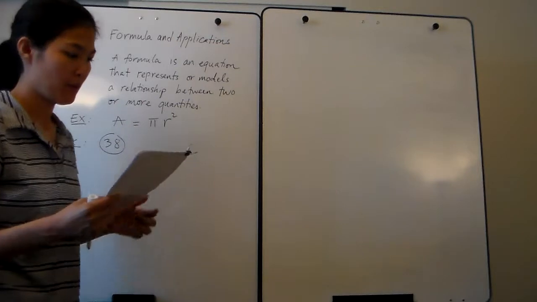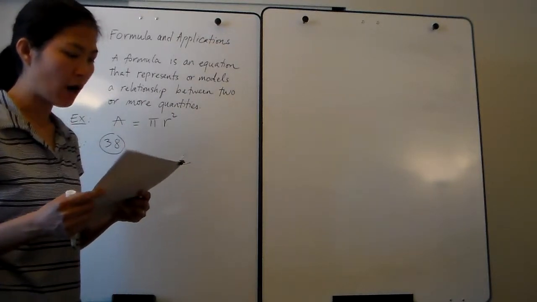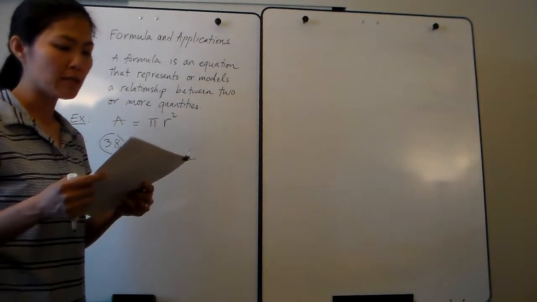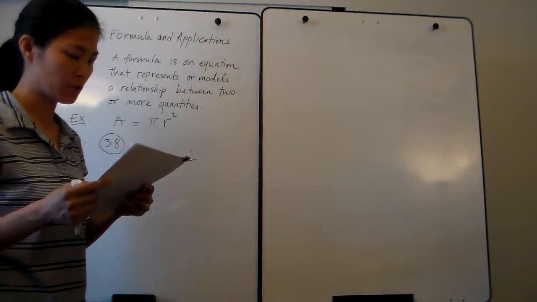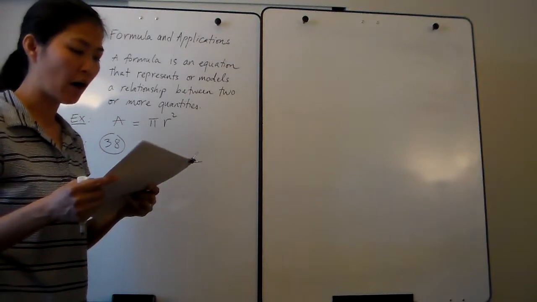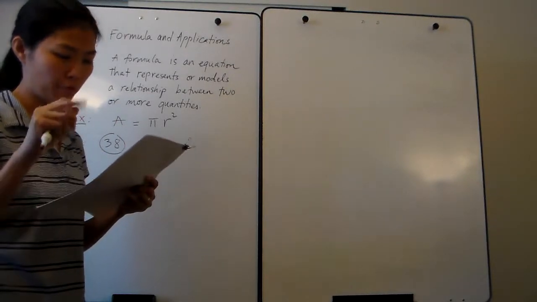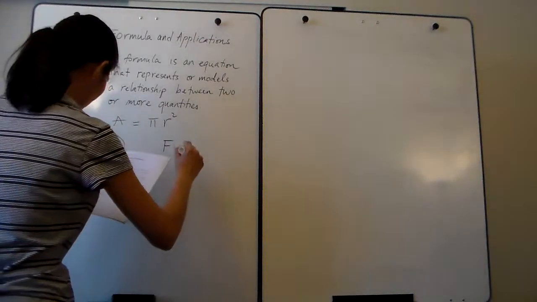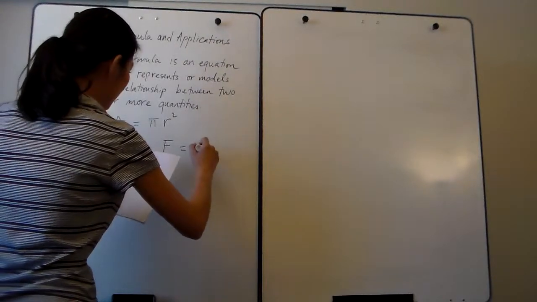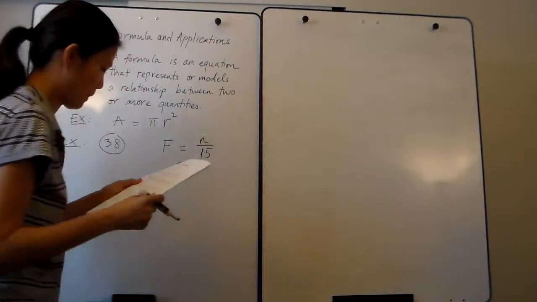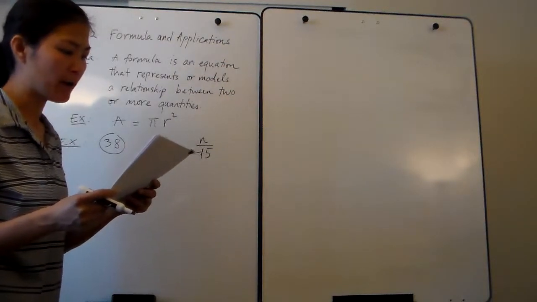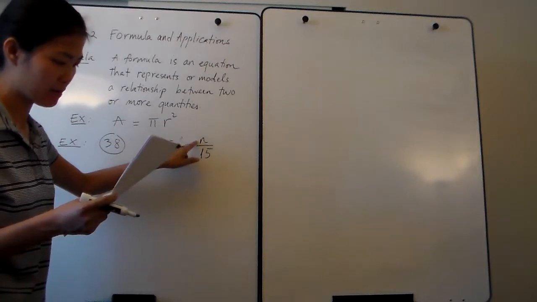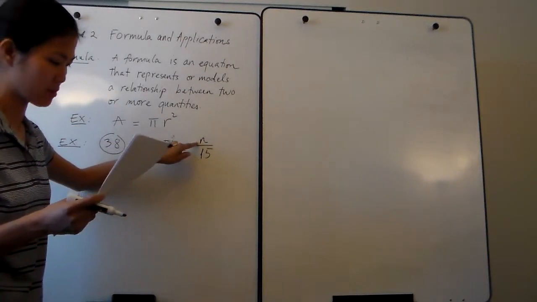This is number 38. Exercise 38. Full-time equivalent students. Colleges accommodate students who need to take different total credit hour loads. They determine the number of full-time equivalent students, F, using the formula F equals N divided by 15, where N is the total number of credits students enroll in for a given semester.